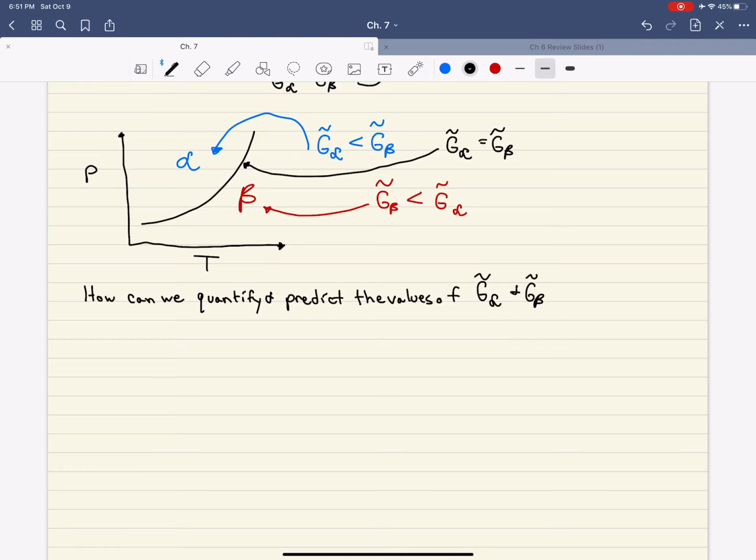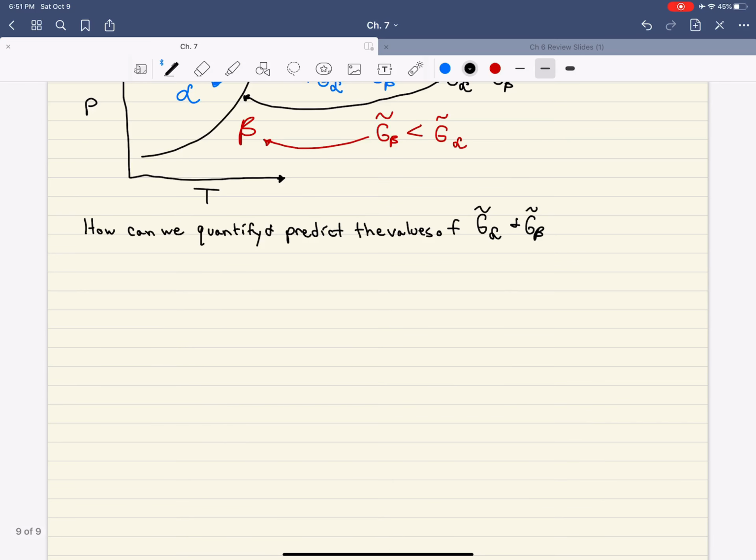How can we actually calculate them? How can we actually model them? To do that, we need to go back to the fundamental equation of the Gibbs energy.